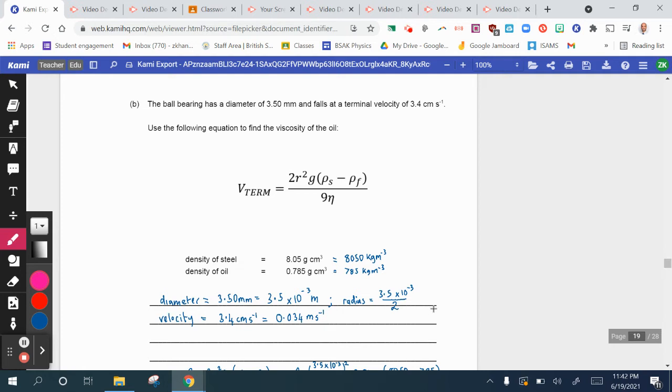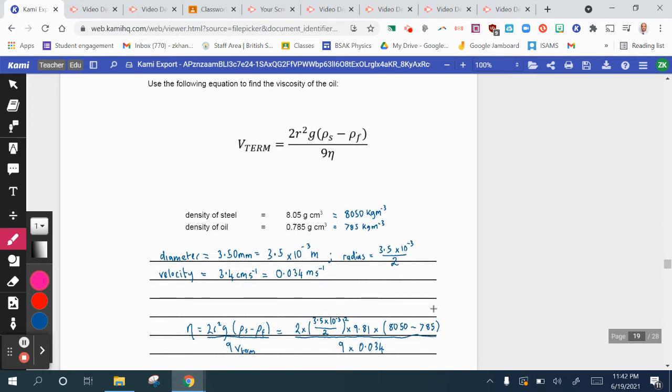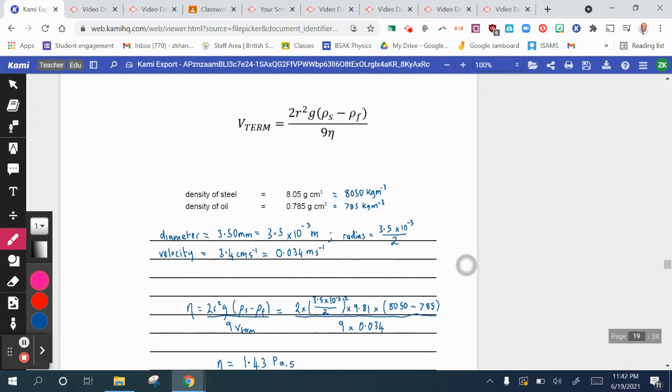The terminal velocity is given in centimeters per second, so we need to convert that as well. And the density is in grams per centimeter cubed, so we need to convert it into standard units of kilograms per meter cubed.